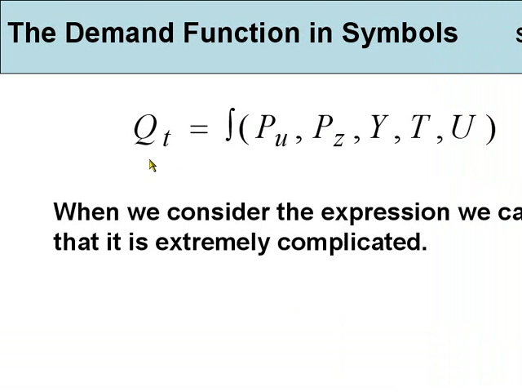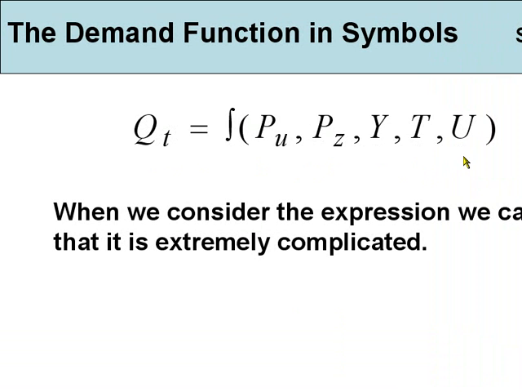We have the quantity demanded per unit of time, which is dependent upon the price per unit, the price of related goods, income, tastes, and other factors. Could be the weather, or something unique to the product that we haven't generally come across.